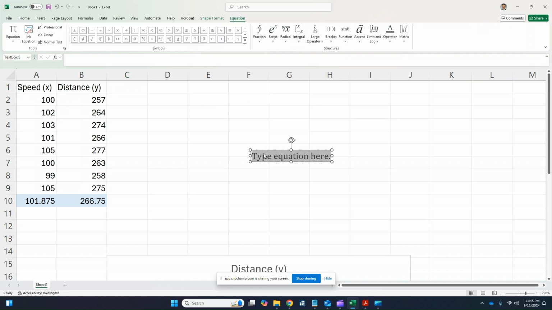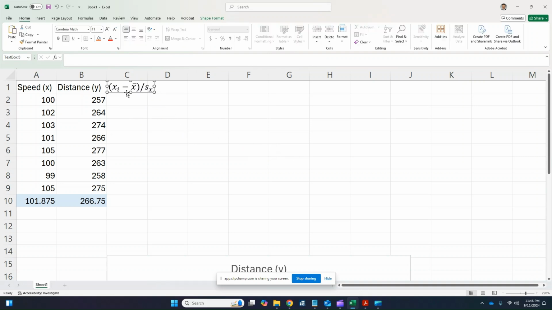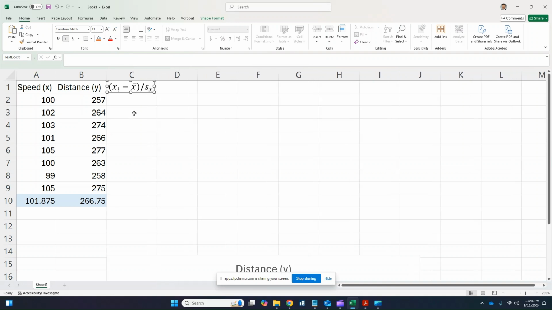And now we have the opportunity to calculate the distance, the gap, xi minus the sample average, over the standard deviation of x, that is Sx. All right.